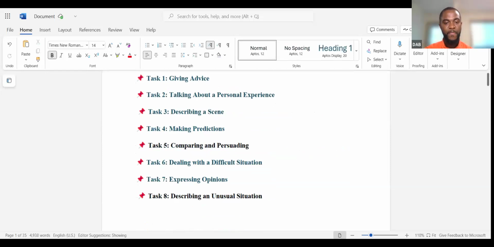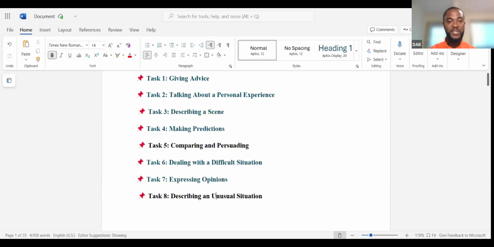Task 5 is comparing and persuading. Task 6 is dealing with a difficult situation. Task 7 is expressing opinions. Task 8 is describing an unusual situation. So these are the tasks within the speaking test.